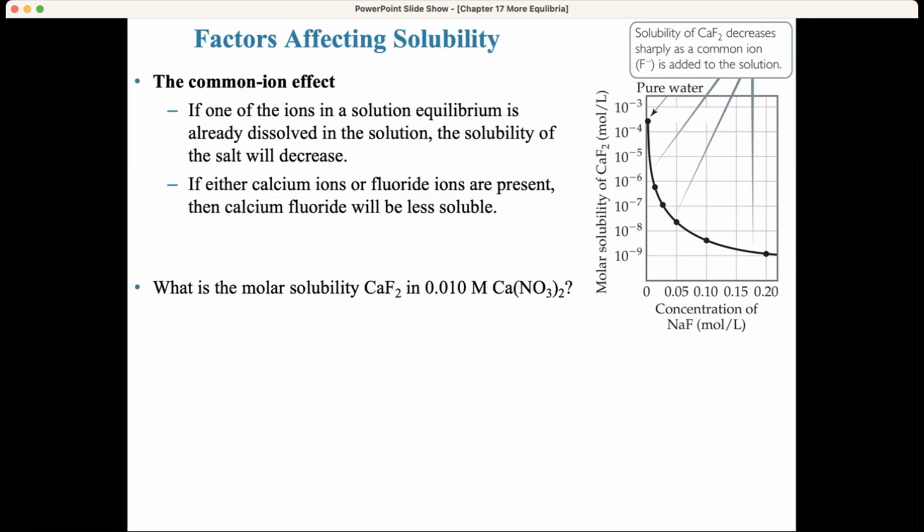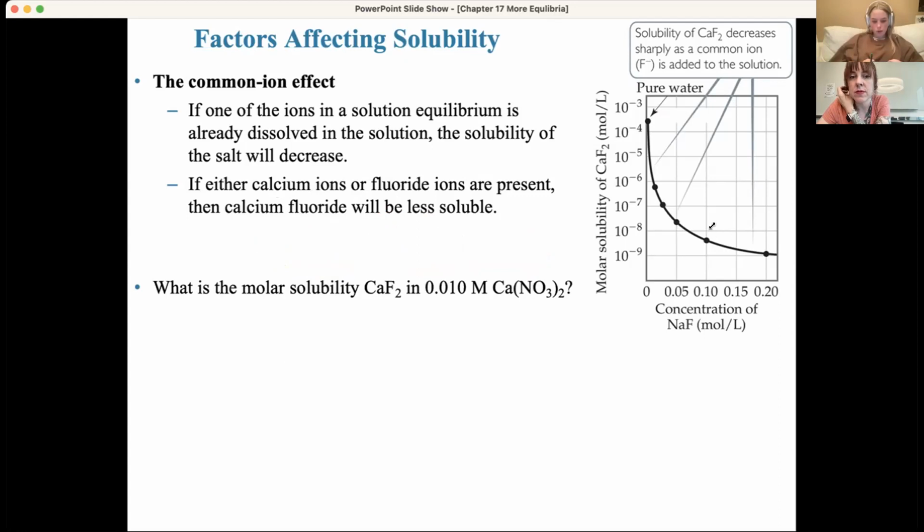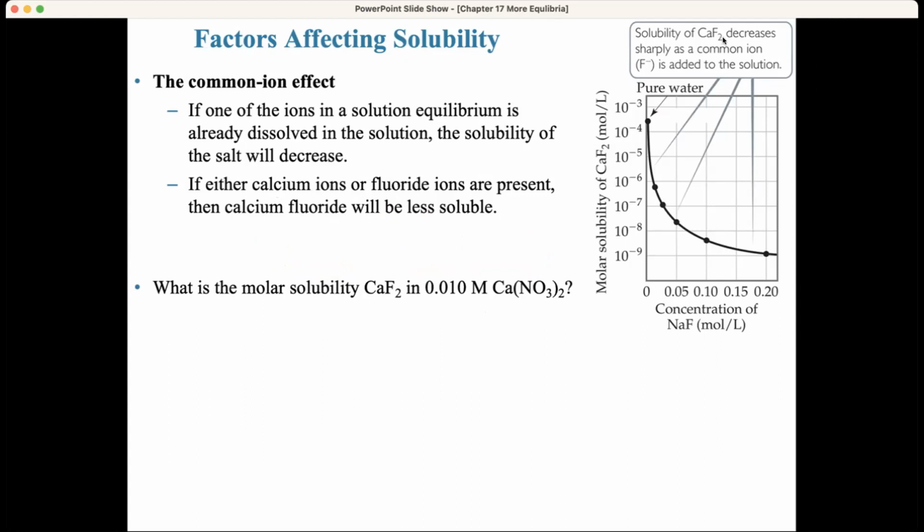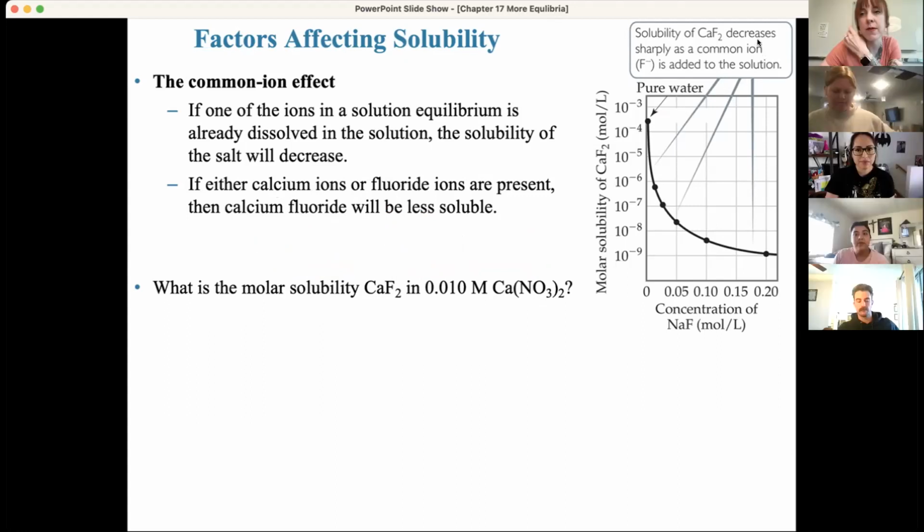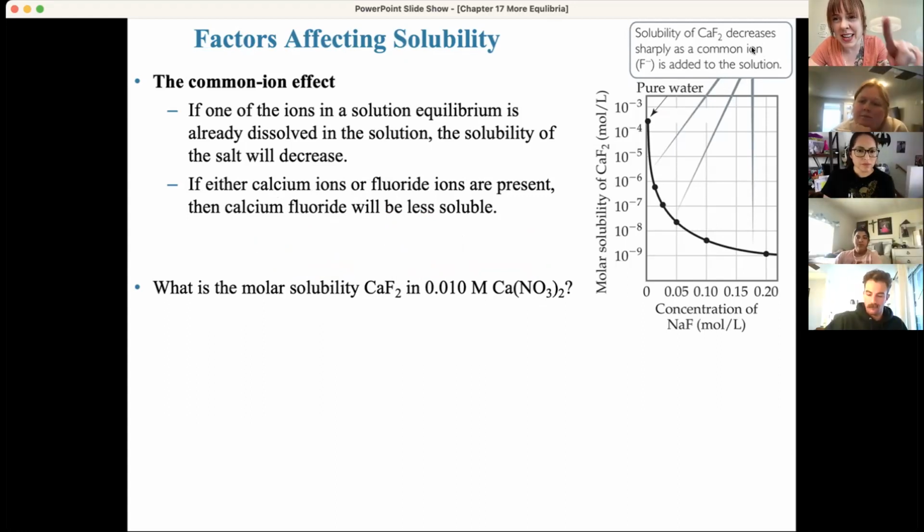So what's the molar solubility of calcium fluoride in 0.1 molar calcium nitrate? Who's my common ion here? Calcium. If you see group 1, alkali metals, remember sodium, potassium, lithium, we don't care about them because they always break apart completely.